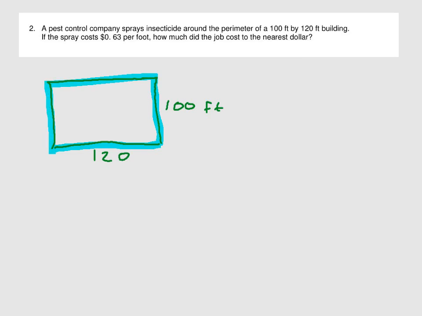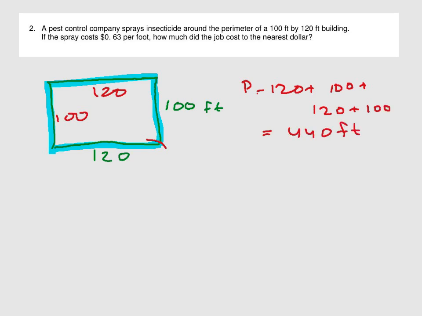There's 2 ways to find perimeter of a rectangle. You can just add them all up, pick a corner, walk around. 120 plus 100 plus another 120 plus another 100, and you'll get right back to where you started. The perimeter would obviously be 440 feet.